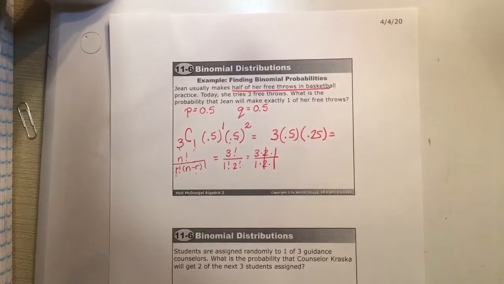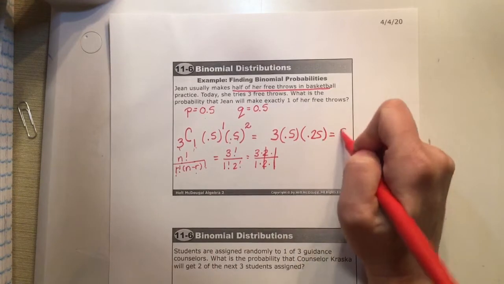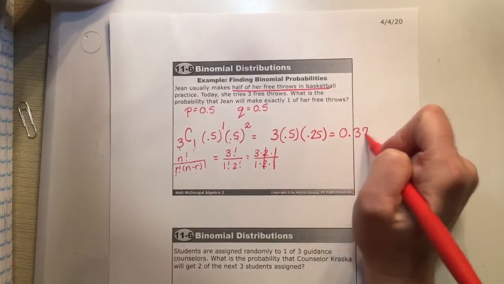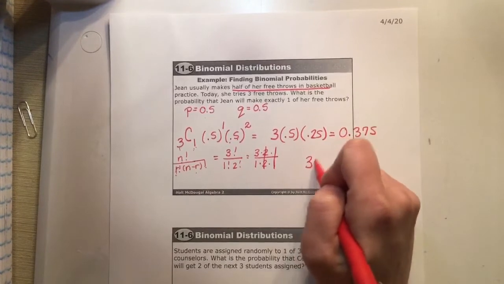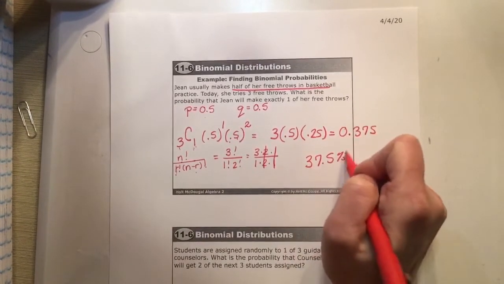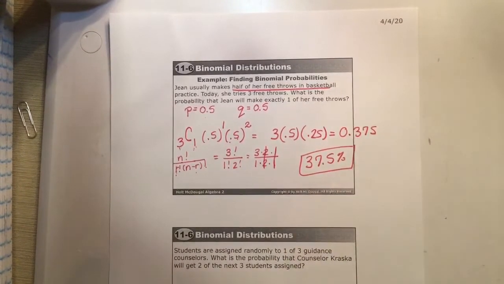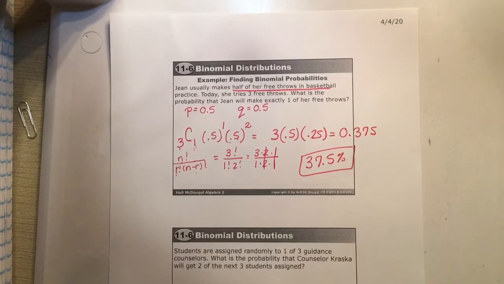So your probability of Jean making exactly 1 of 3, you take 3 times 0.5 times 0.25, and you would get 0.375. So it's a 37.5% chance that if Jean goes and shoots 3 free throws, exactly 1 of them will go in.